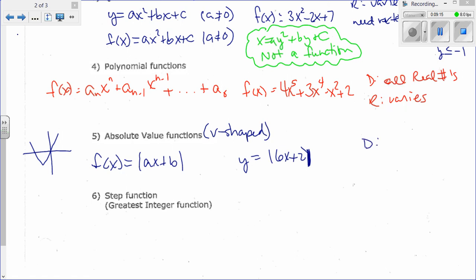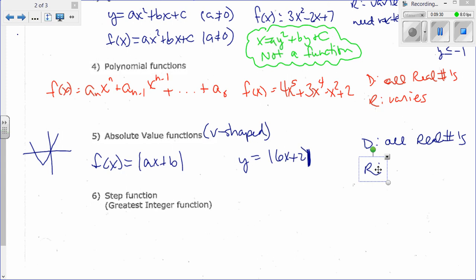My domain is all real numbers again, because I can't restrict the values that I substitute in for x. However, my range, I'm never going to get a negative value.